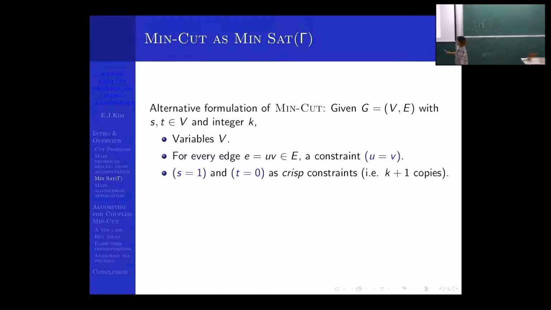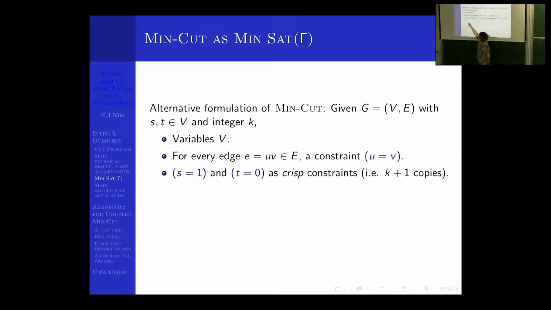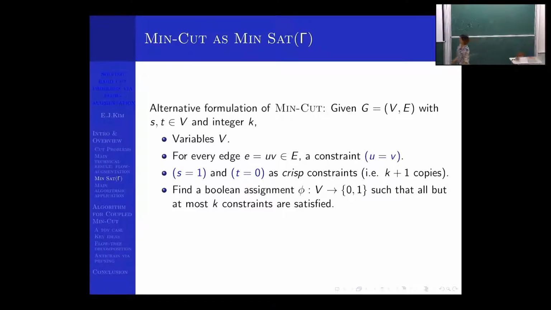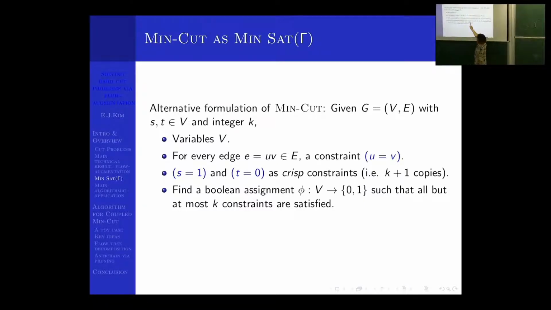Then I introduce two constraints which designate the source as 1 and the sink as 0, and I declare that I never want to violate these constraints. Then you ask: is there a Boolean assignment on the variables, 0 and 1, so that at most k constraints are violated? Everything except for k, at most k constraints are violated.